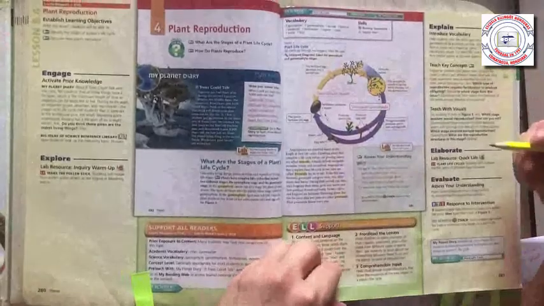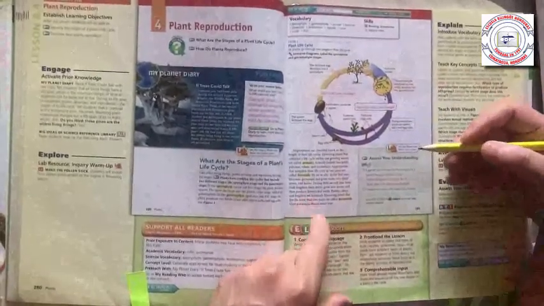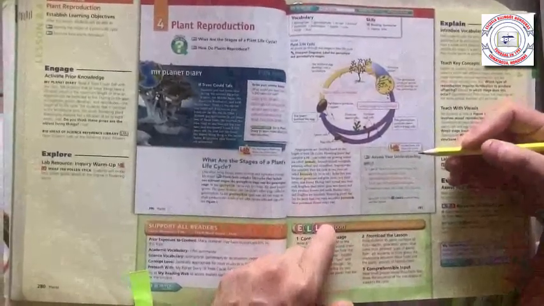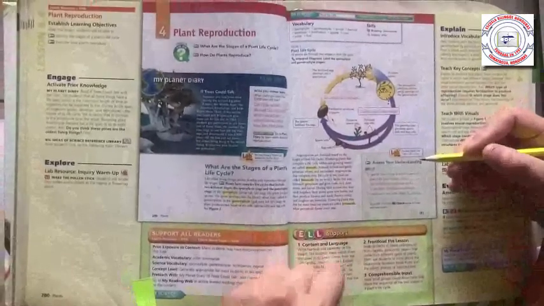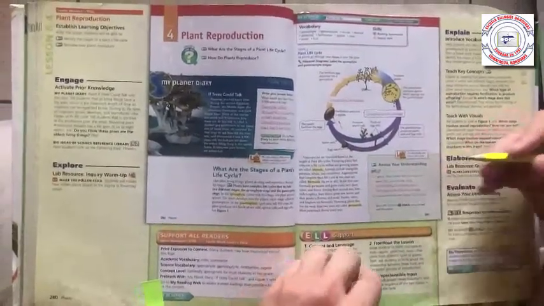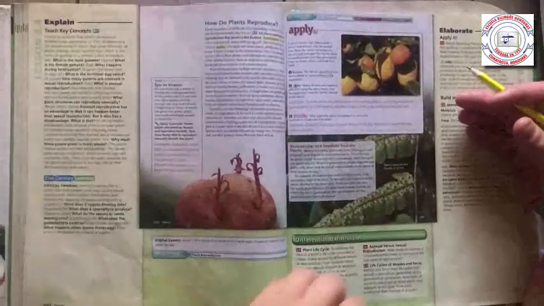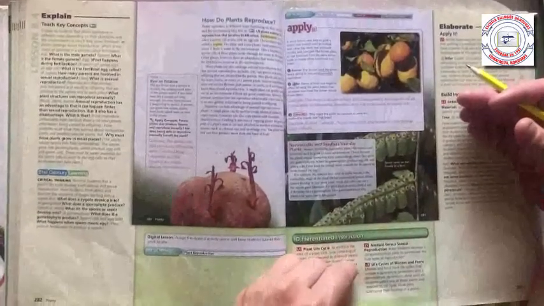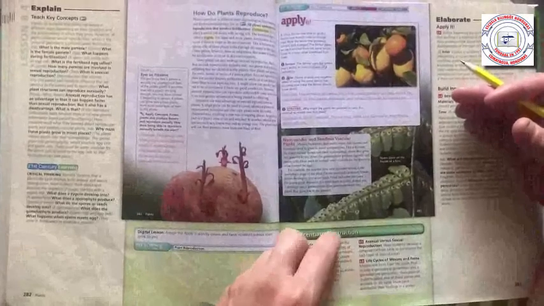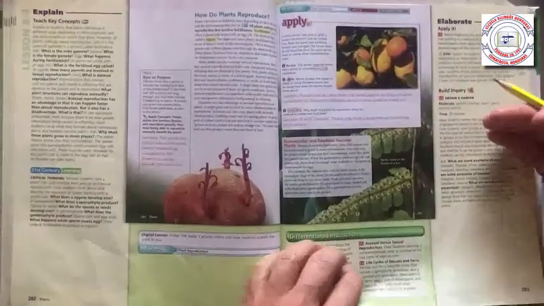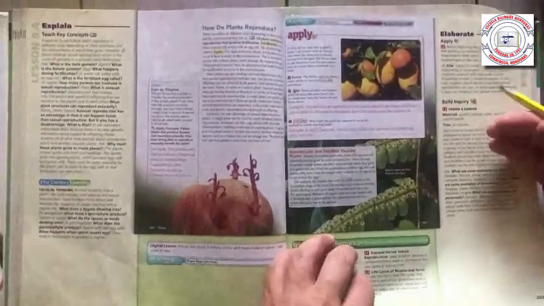All these words, again, guys, are in lesson number 4, plant reproduction, chapter number 8. Memorize all those words, guys. On page 282, you have another 2 words. What is fertilization? What is the process of fertilization in plant reproduction?